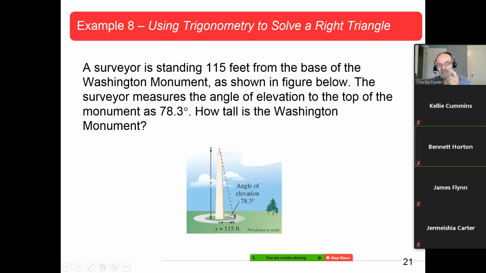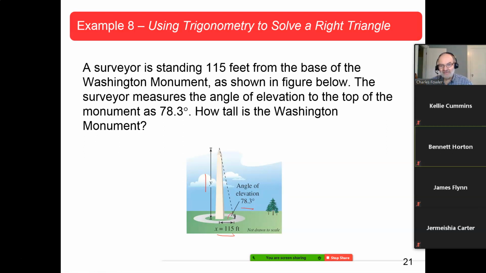My question is, what trigonometric function deals with this angle, this dimension, and that dimension?